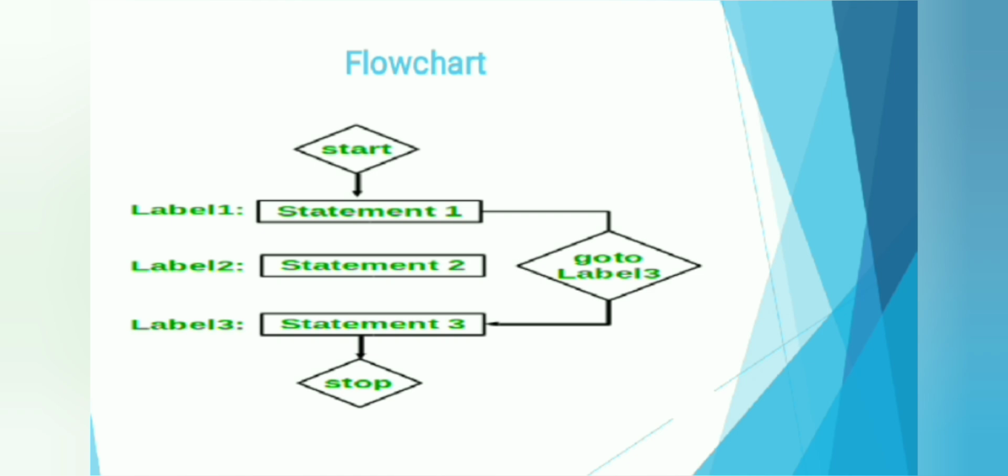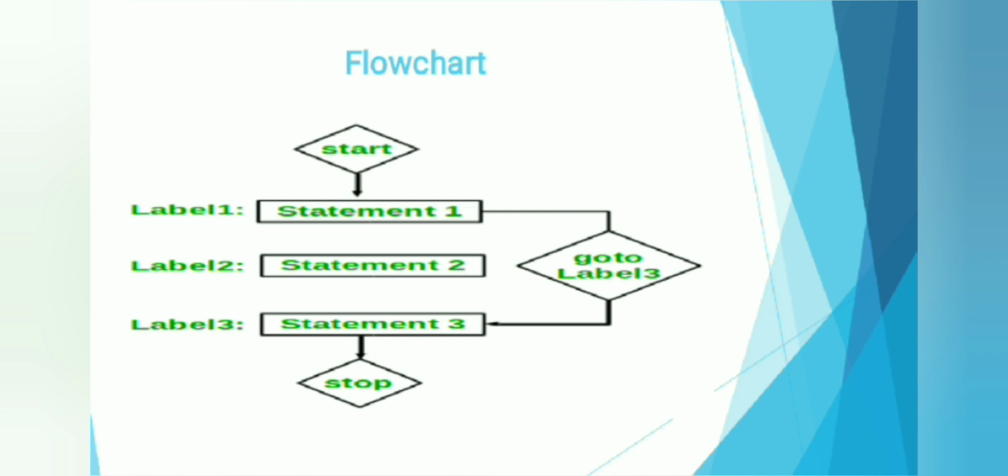So in this flow chart, first it will move to statement 1. After statement 1, it will see goto label 3. So where is label 3? Label 3 is in statement 3. So automatically it will skip statement 2, control moves to statement 3, it will execute statement 3, and finally it will stop the program.